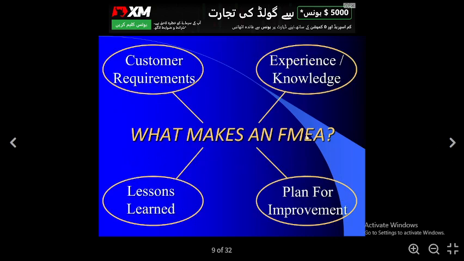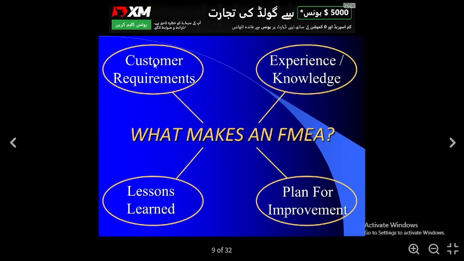What makes an FMEA is basically the customer requirements. For example, you have a QFD process being done, the quality function deployment, and there are customer requirements and customer grievances that need to be incorporated into your design or your process. So you will do an FMEA.